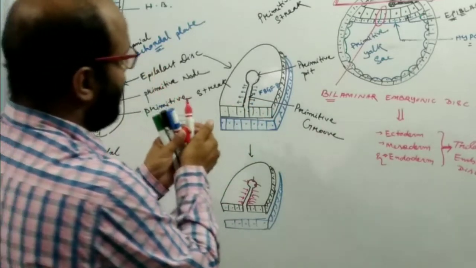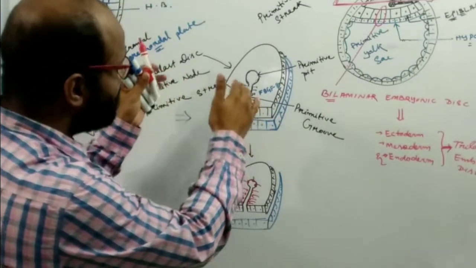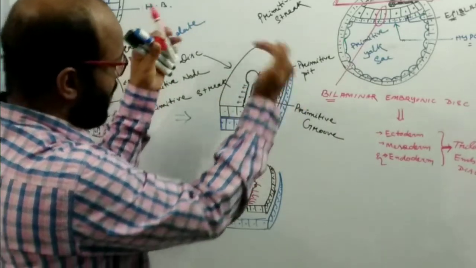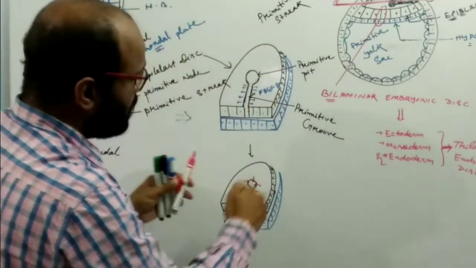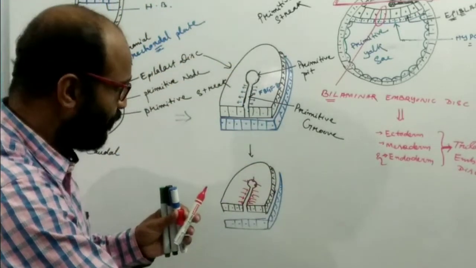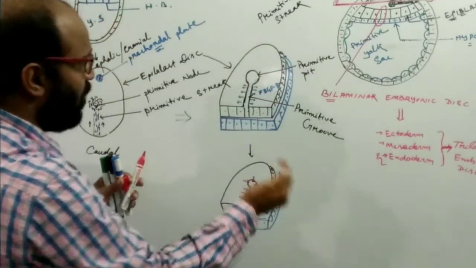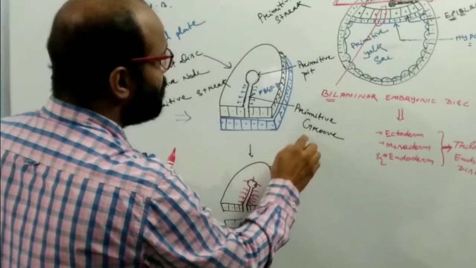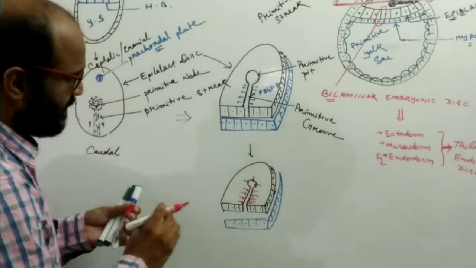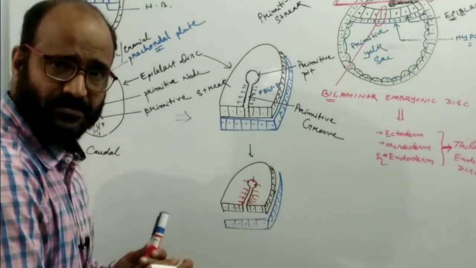Now these cells lose the ability to stick there, and fall into the primitive groove, like water in a waterfall. This process is known as invagination.